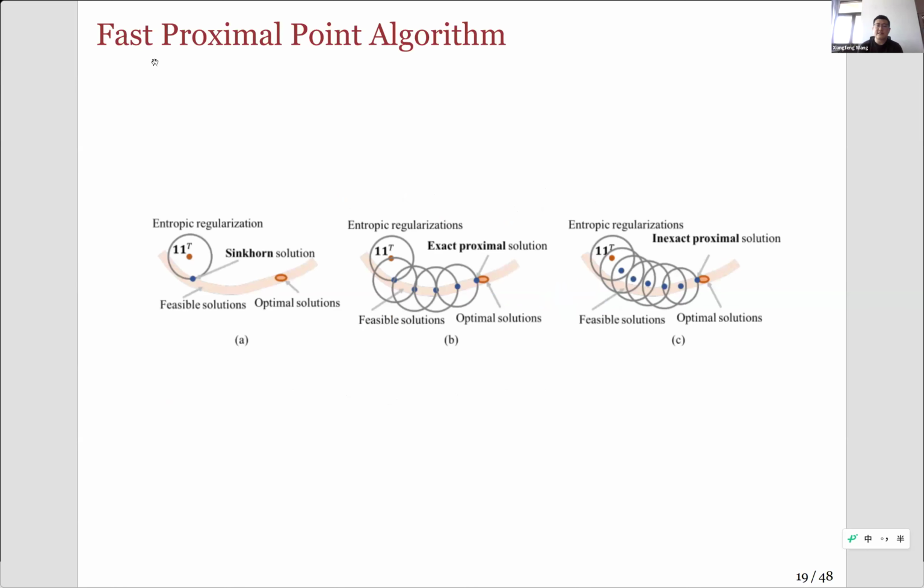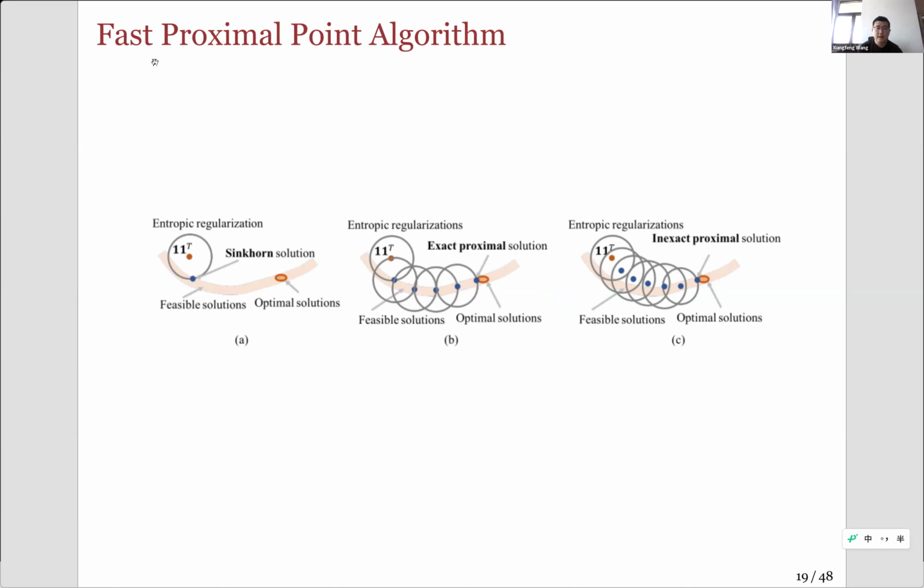And we can see the process very clearly here. For the original entropic regularization case, the Sinkhorn algorithm finds a solution which is not too close to the optimal solution.